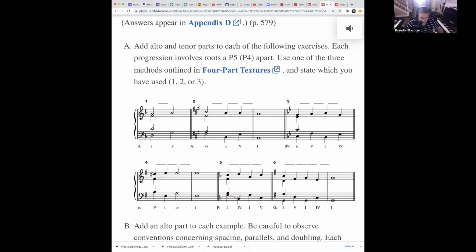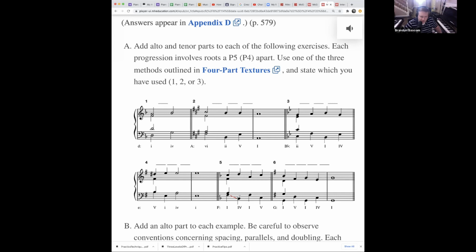So we have a perfect fifth down. Is this true? Okay. So, do we have a common tone?